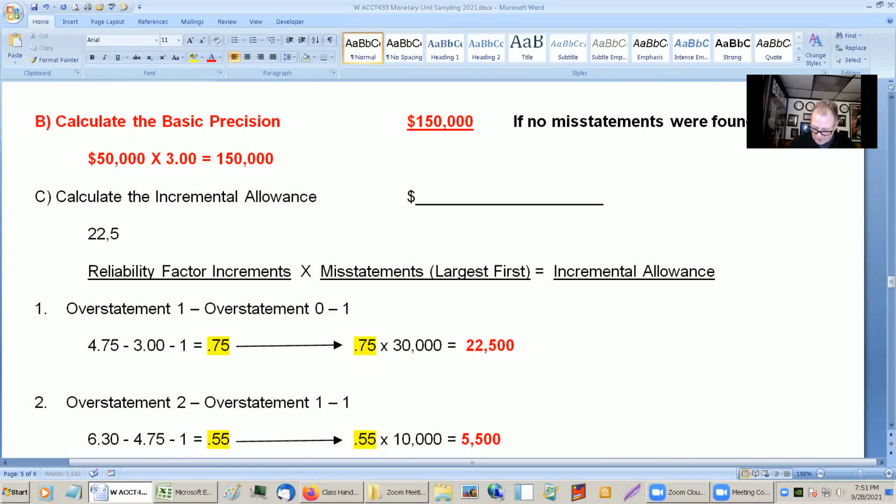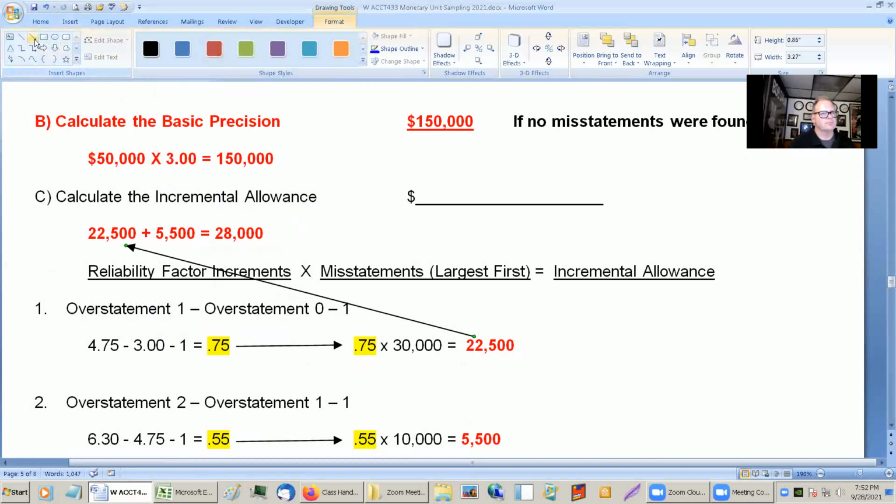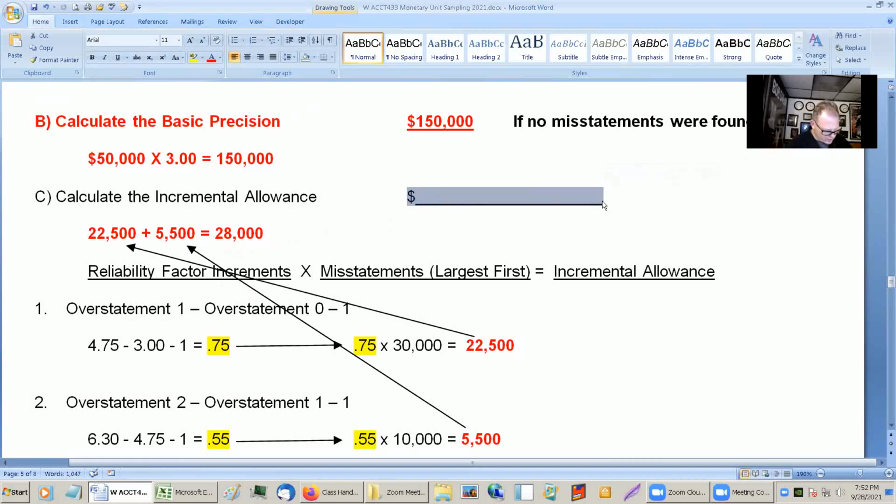22,500 plus 5,500 is 28,000. So this incremental allowance would be another 28,000 that it could be off by.